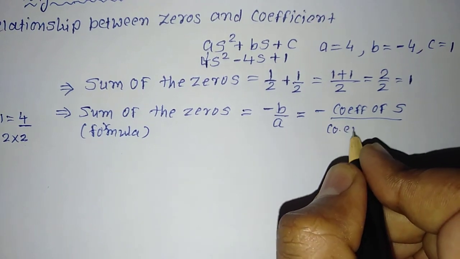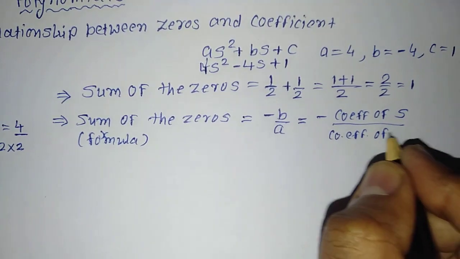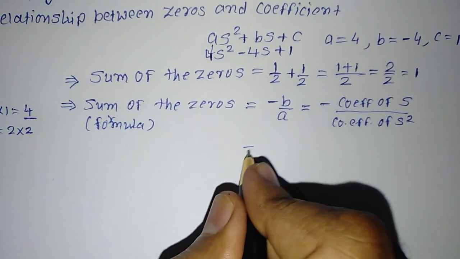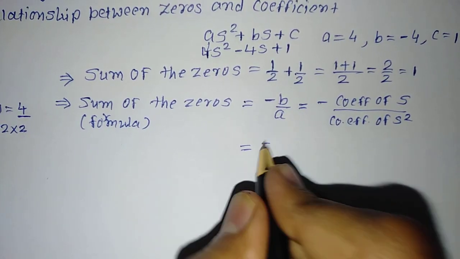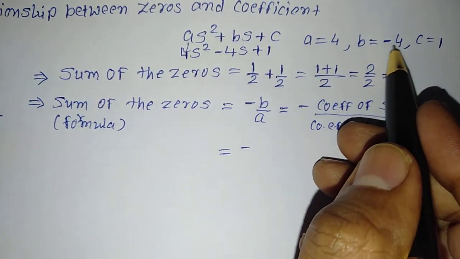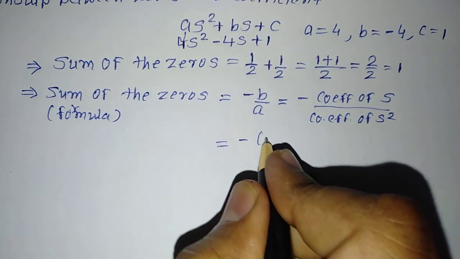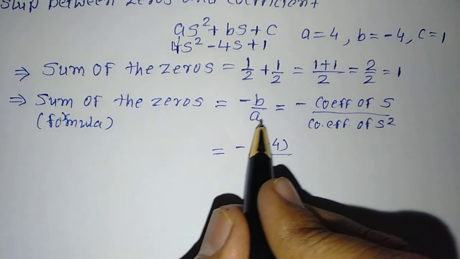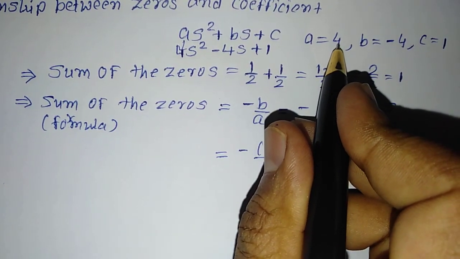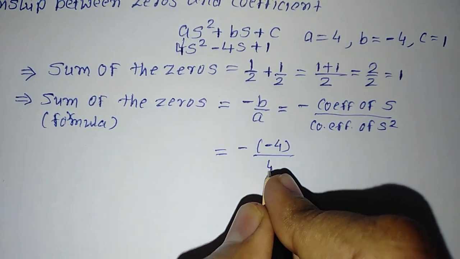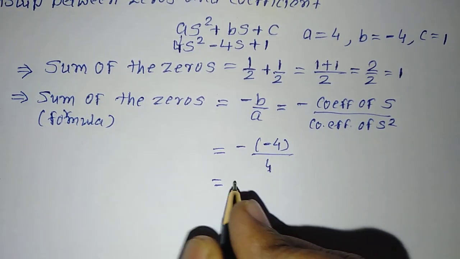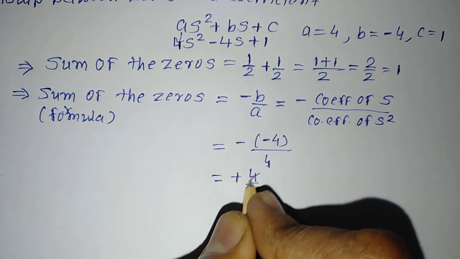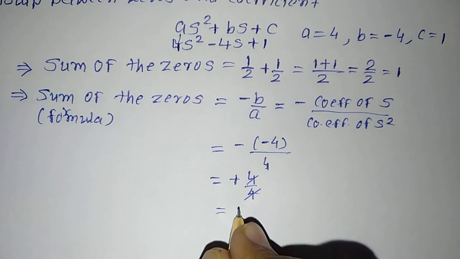Now we'll keep the value. B is minus 4, so I'll keep minus 4 upon, a is equal to 4, so I'll keep 4. Minus minus will turn to plus, and 4 upon 4 will be cut and we'll get the answer, that is equal to 1.